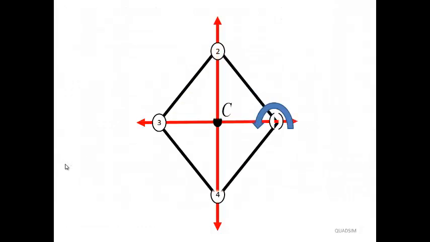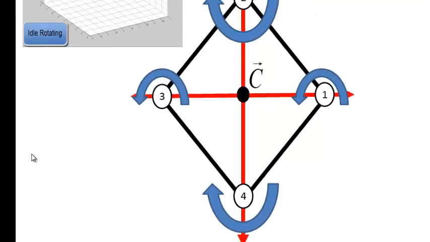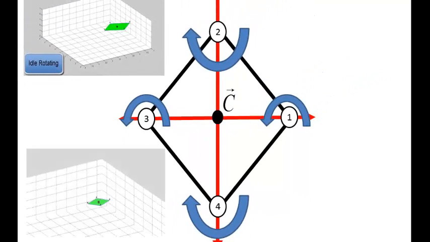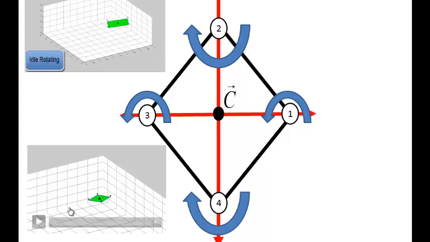But when we change the thrust forces in this shape, we have rotating. But for example, in hovering, we can't rotate, and we can rotate by going up or going down.